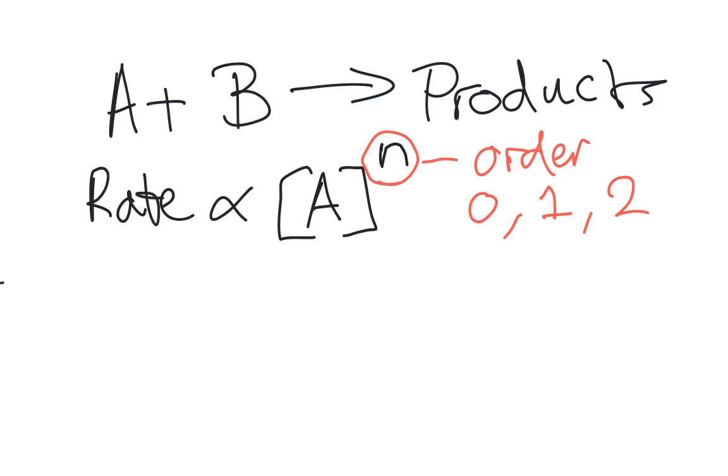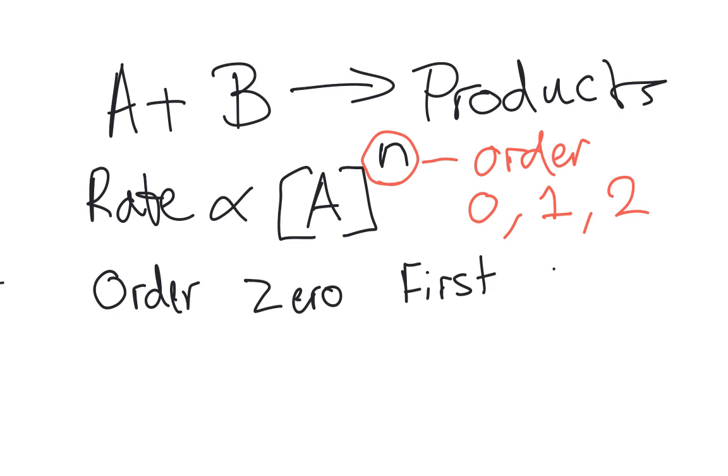So what does each of those numbers mean? It's useful, so I always keep it as a little table for myself. So we've got the order, and then we can think about what effect that has. We've got zero order, first order, and second order.